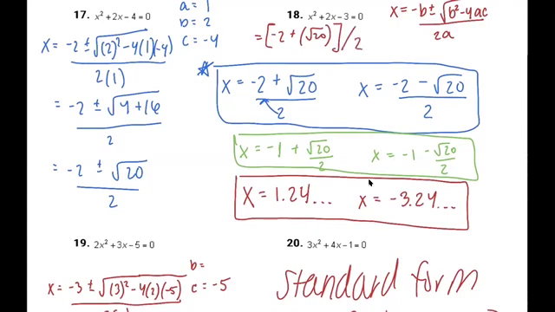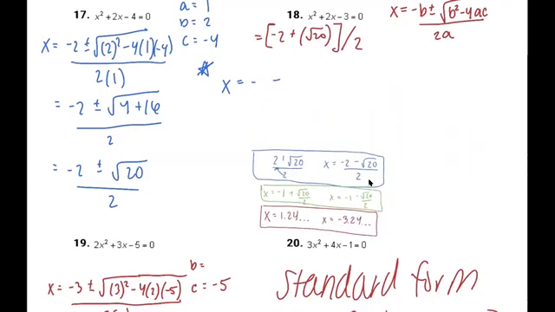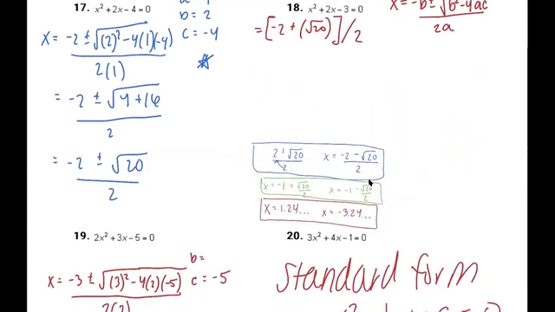Or you do it in multiple stages. You type in -2 plus the square root of 20. You get an answer. Type answer divided by 2 gives you 1.24 or whatever. Okay.